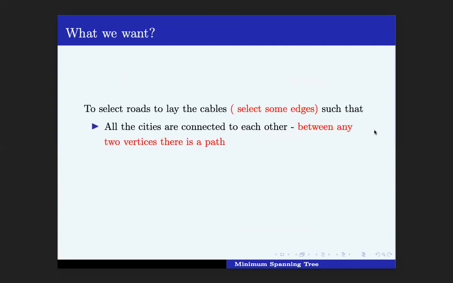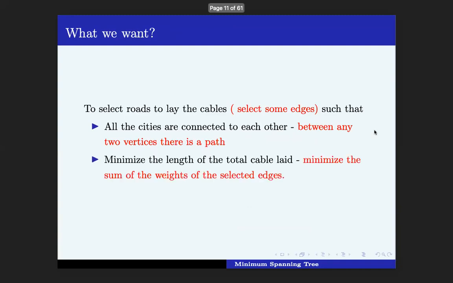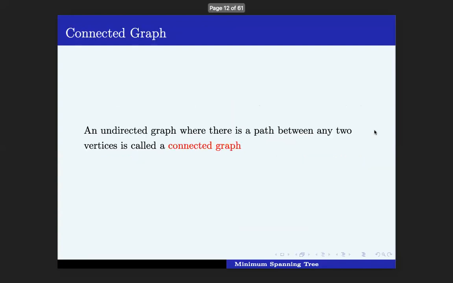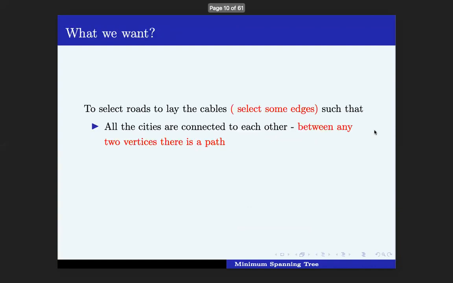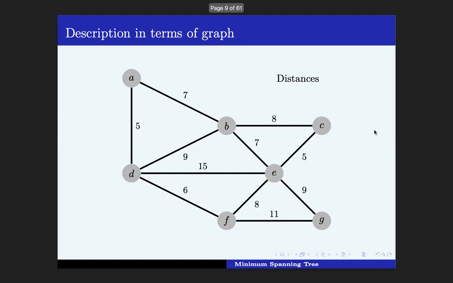So what we want is to keep all the cities connected and minimize the total cable cost. So minimize the sum of the weights of the selected edges. In the case of an undirected graph, we know the concept of a connected graph. Note that if the original graph is not connected, then there is no question of connecting them.